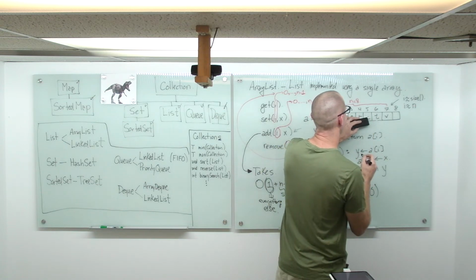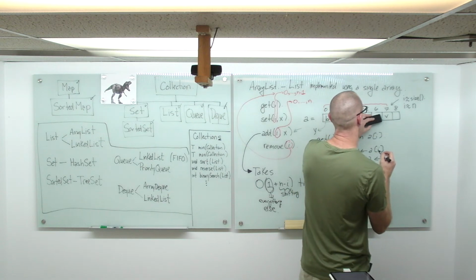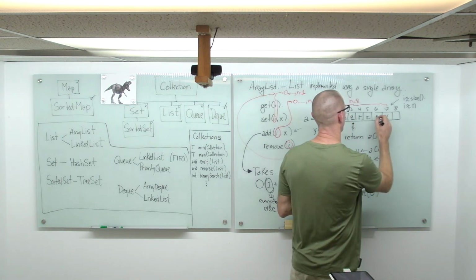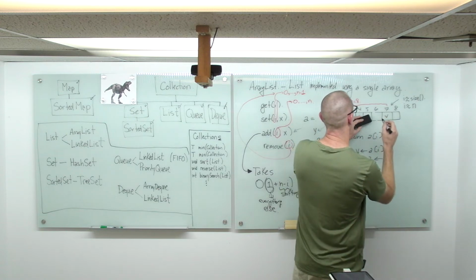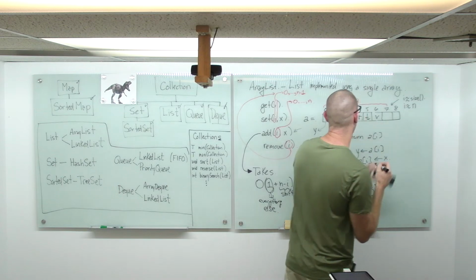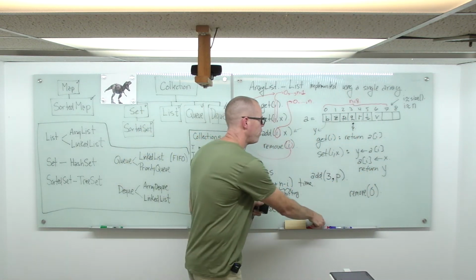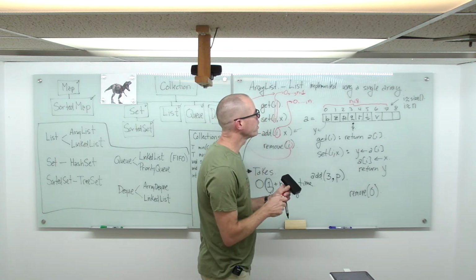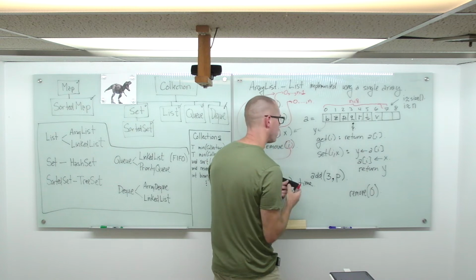And so on. Oops, sorry, I got that wrong. T, and then V goes there. Like so. And then the value of n drops. Now it's no longer 8. n is 7.